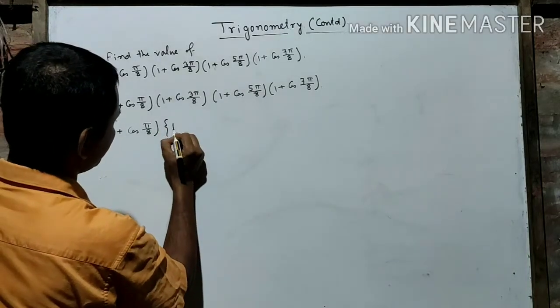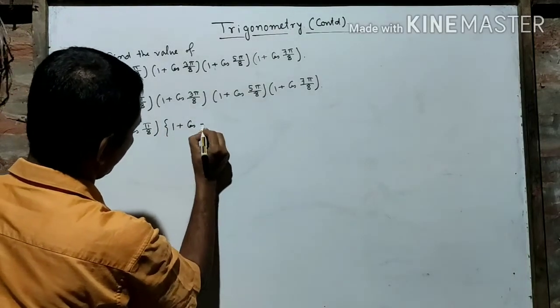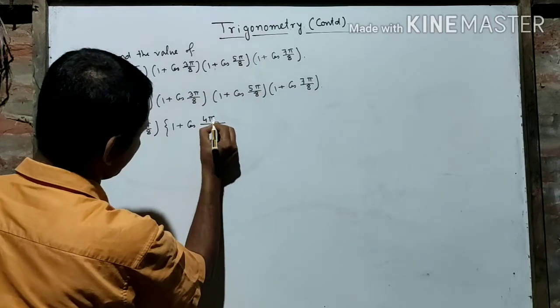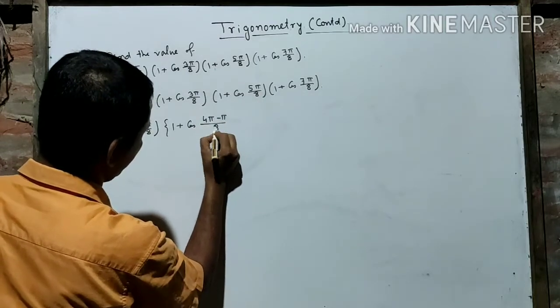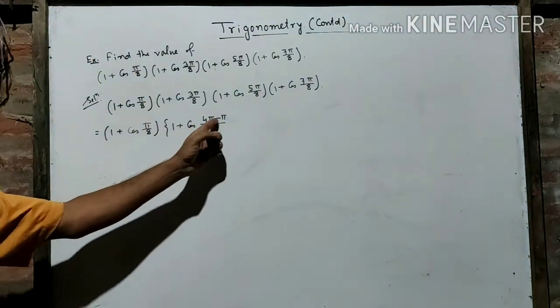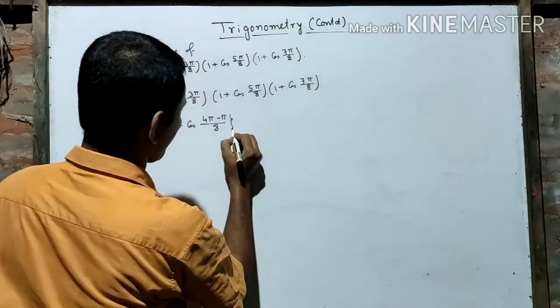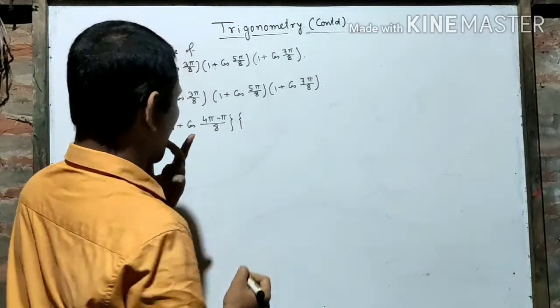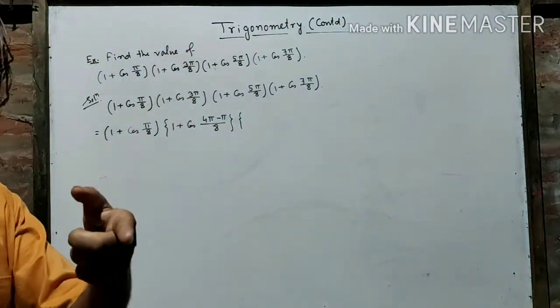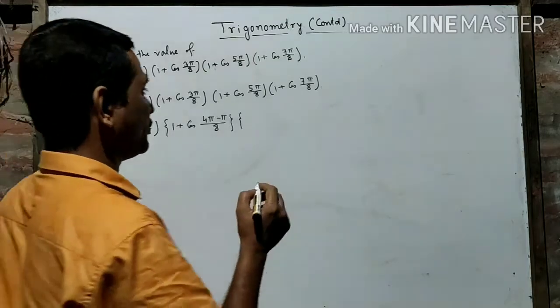Now 1 plus cos 3 pi by 8 can be written with 3 pi equal to 4 pi minus pi. Why is 4 pi so important? Because 4 pi by 8 is pi by 2, which means 90 degrees.